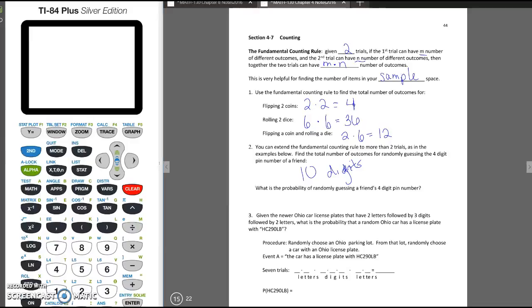The first number would have 10 possibilities. The second number would have 10 possibilities. The third number would have 10 possibilities, and the fourth would have 10. So we'd have 10 to the fourth, or 10,000.